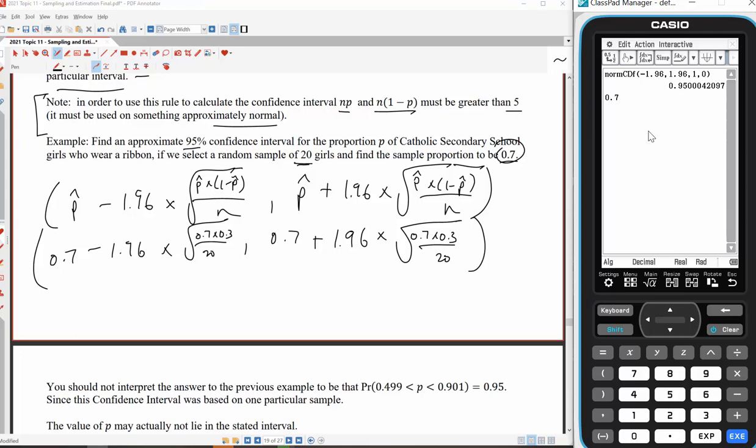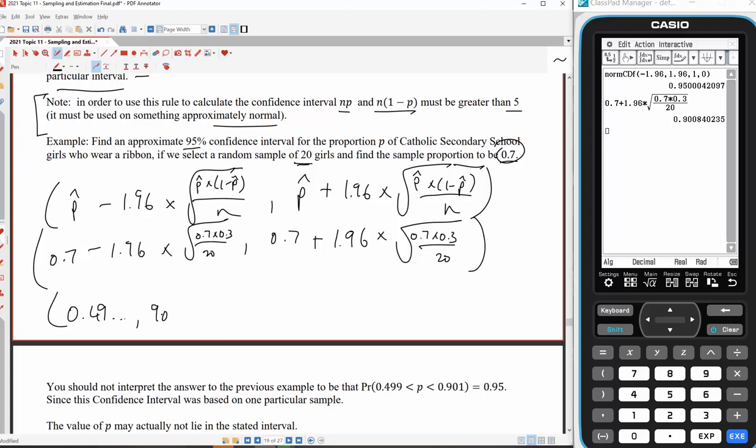So it's 0.7 take away 1.96 times shift root, shift divide, 0.7 times 0.3 all over 20. Alright, so the lower is 0.49... upper, pretty simple, you don't need to type all that in again, you just change that to a plus.